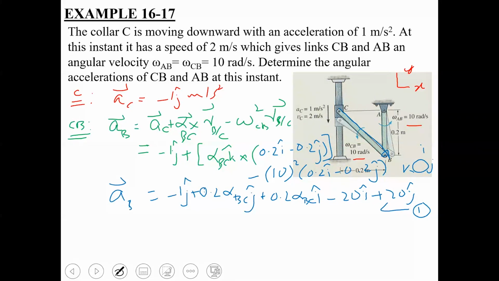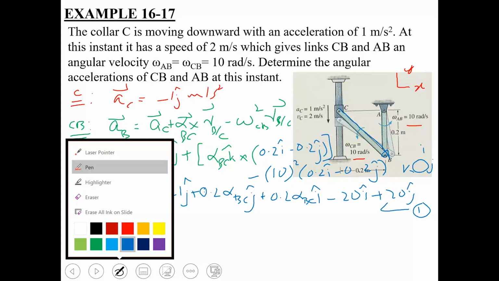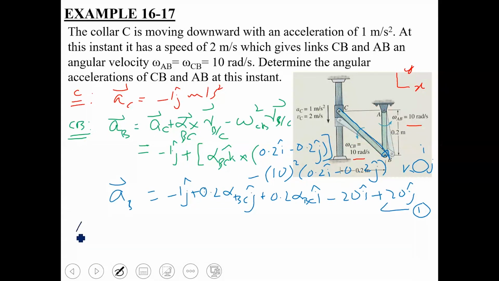Okay, now moving on to the next link, which is link AB. In order to apply the acceleration equation, first of all, what type of motion is this link AB undergoing? Pure rotation about point A. So if we want to write the acceleration of point B with respect to this link AB, what should be the equation?